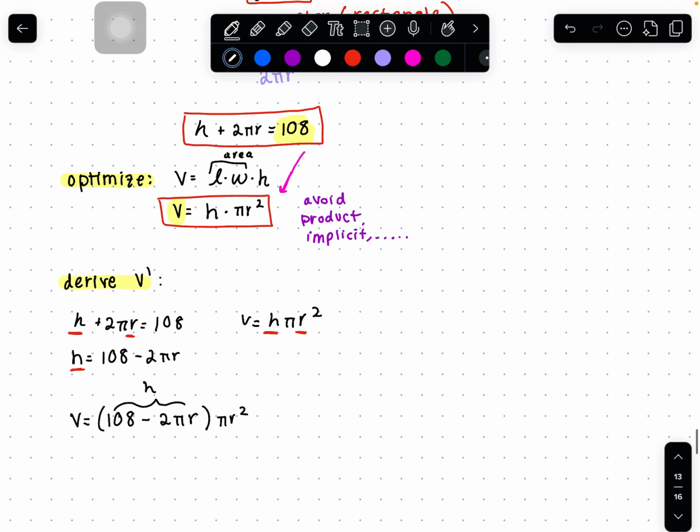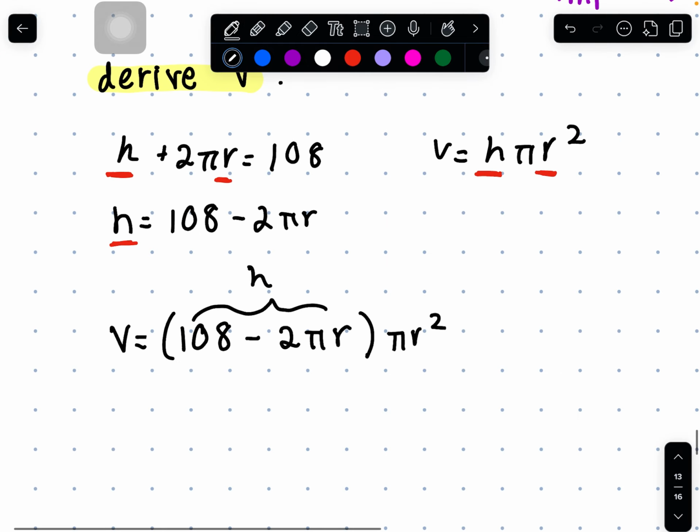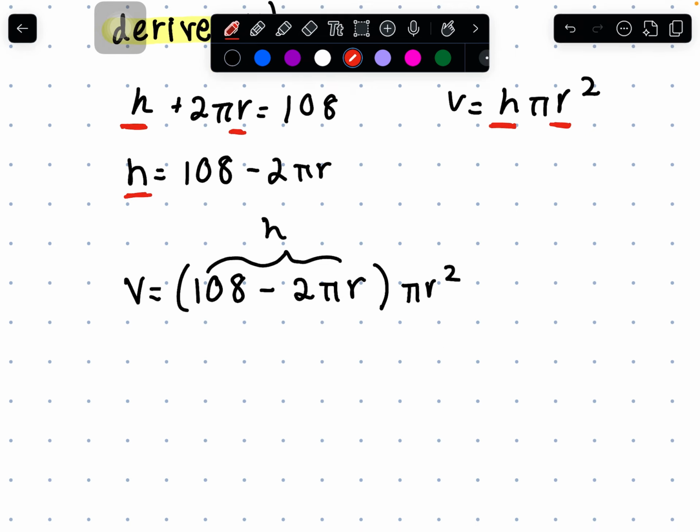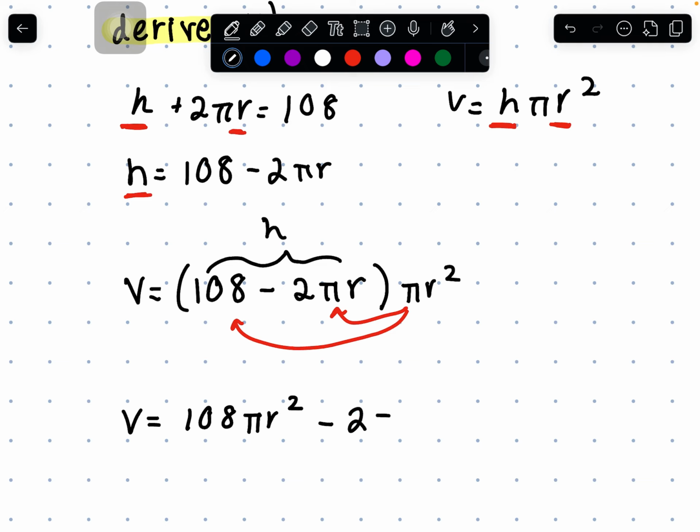Let's do one more step of algebra before we take the derivative, because again, I don't want to do product rule. I haven't eliminated that yet. Let's multiply this in and then use power rule. If I multiply this in, I get 108 pi r squared minus 2 pi squared r cubed.